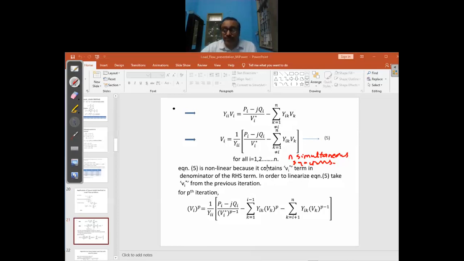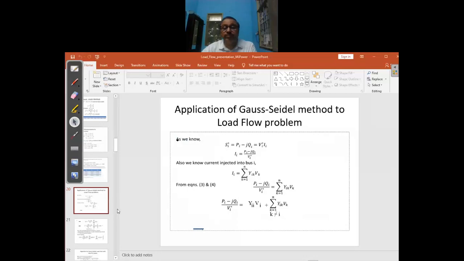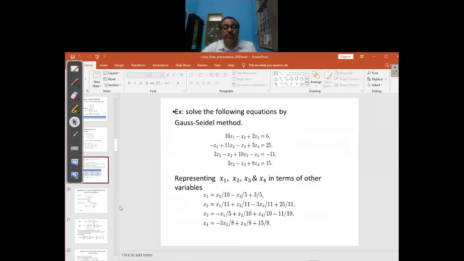Let me erase this also, otherwise this will also be troublesome for us. So now these are 4 simultaneous equations.